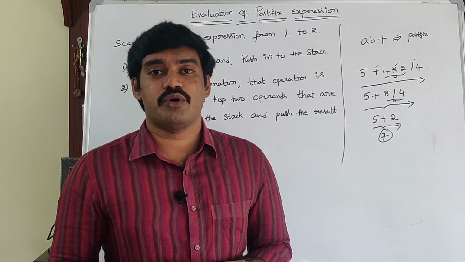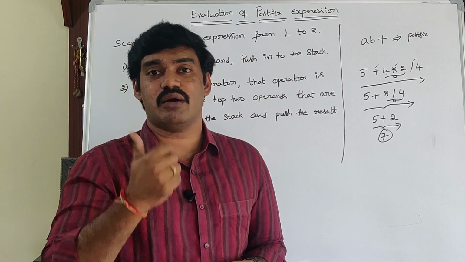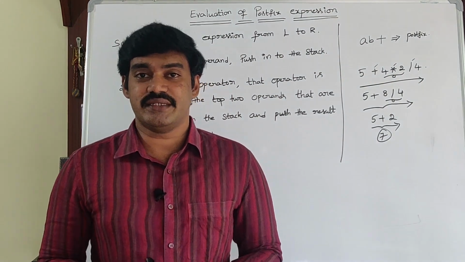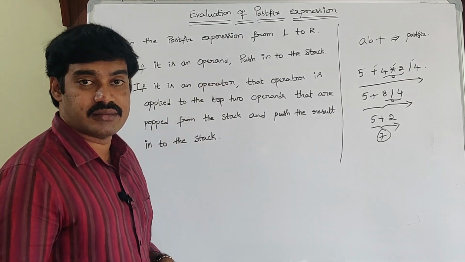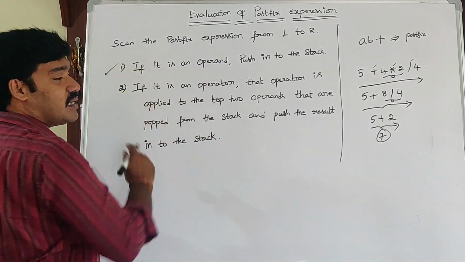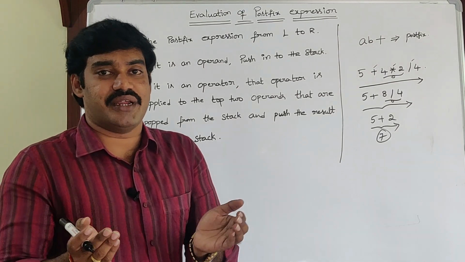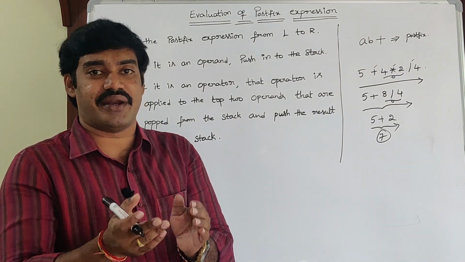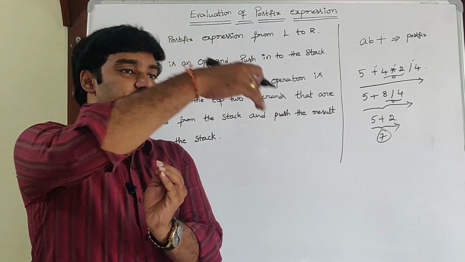How to evaluate the postfix expression? Compiler uses a stack data structure to evaluate the postfix expression. Procedure: scan the given postfix expression from left to right. First point: if it is an operand, operands are nothing but A, B, 2, 3, either alphabet or digit, then push it into the stack.